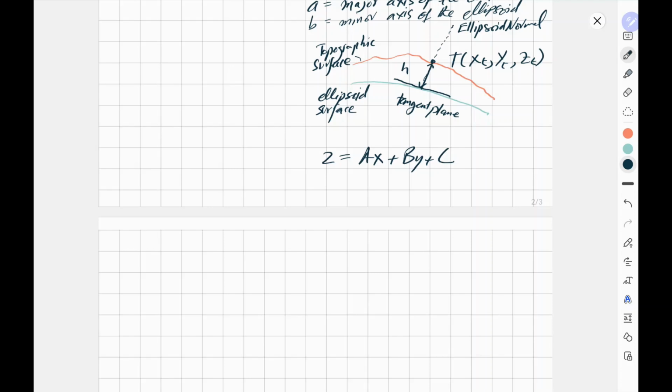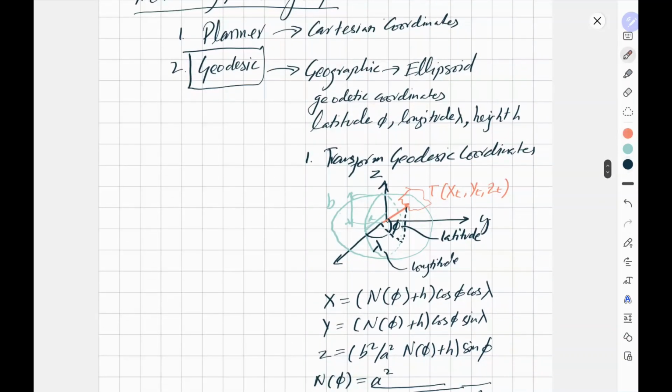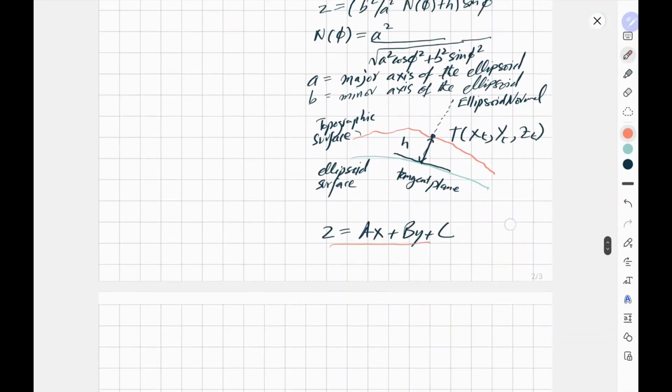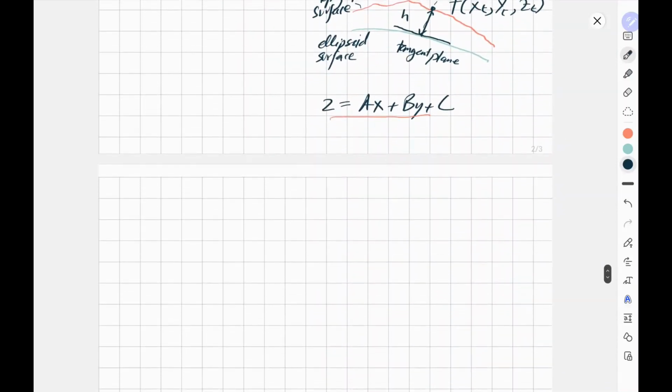You try to fit this surface, as I explained here, that this is your surface, okay. So you are trying to fit a surface which is represented by this equation, and you try to fit it over at the top of this, okay, at top of this.